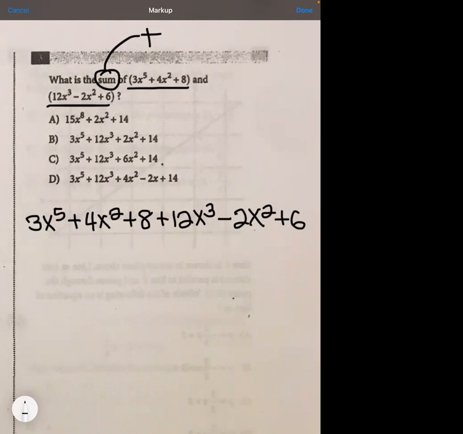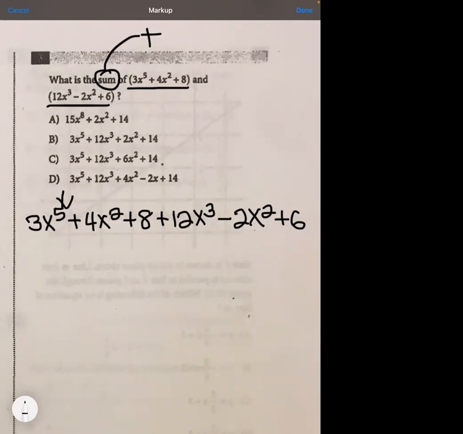In order to simplify this, we can only add the values that have the same power. We will start off with the biggest power, which is the 5 over here. Oh, there was a glitch. I apologize, but if you need me to re-explain something, you can just type it in the chat and I'll re-explain it.